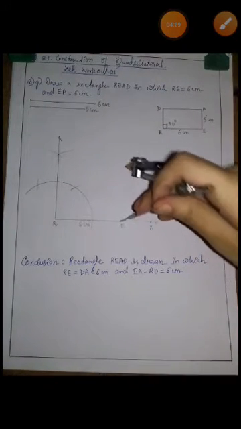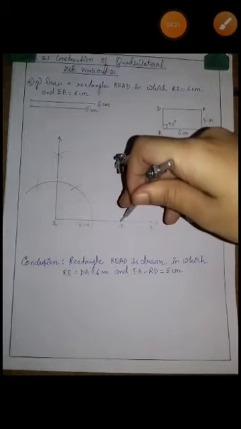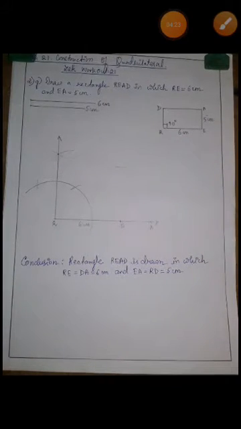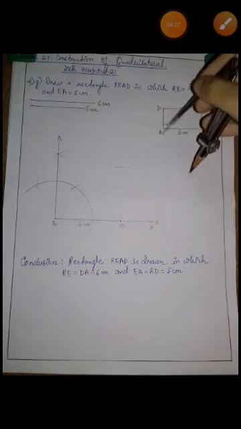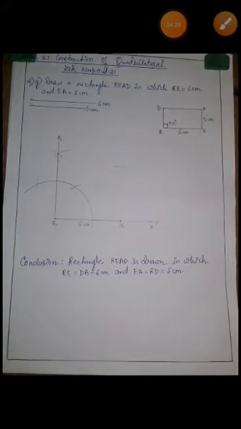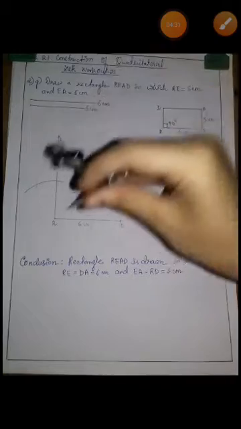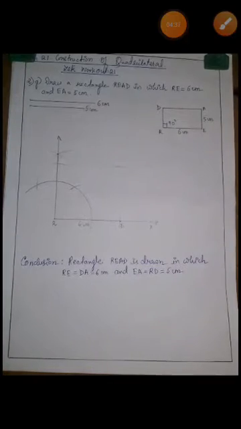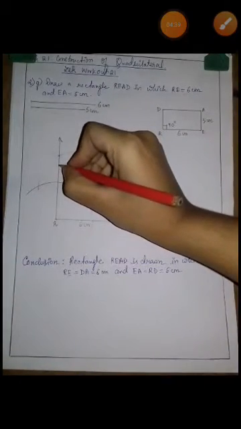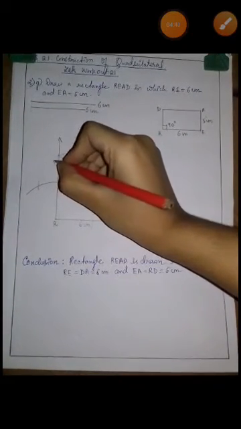Now you place at E and cut like this. Now see, EA is 5 centimeters, so RD will also be 5 centimeter because opposite sides are equal, we know. So again you are placing at R and cutting on this line, and finally you are getting the point D.